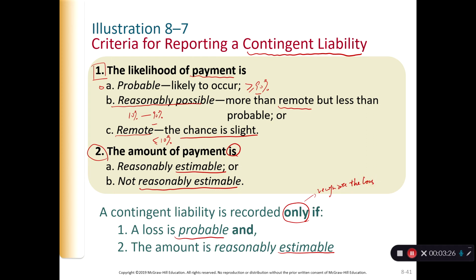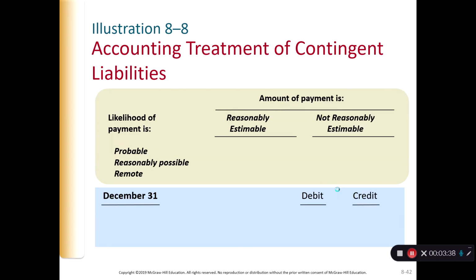Because first of all we know how much the damage is, and at the same time it's very likely to happen. We want to be conservative, and hence we want to record the loss as early as we can.